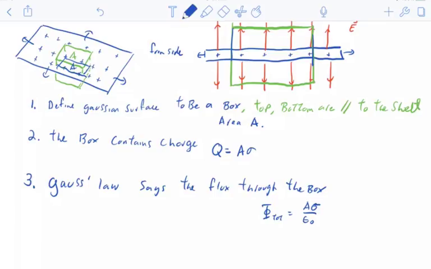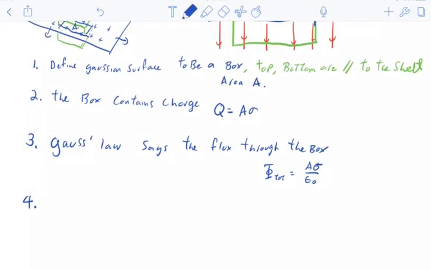Now, step 4. Let's talk about the flux through all the sides. Flux total is equal to the top flux and the bottom flux and the side flux: north side, south side, east side, west side. Okay.